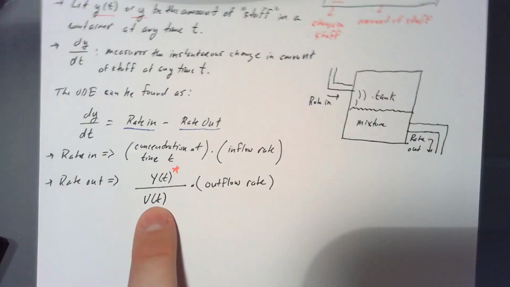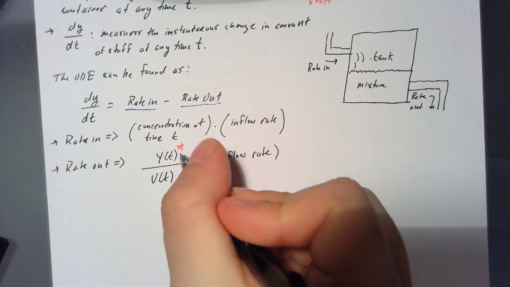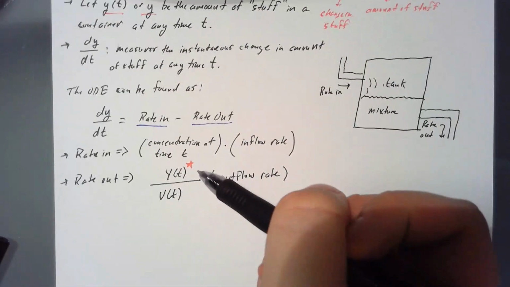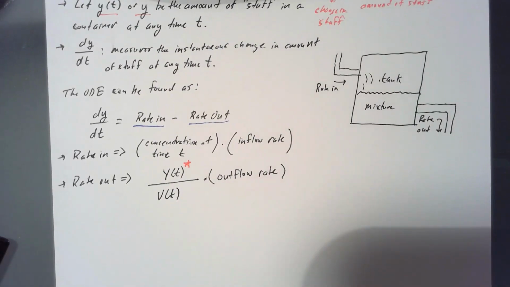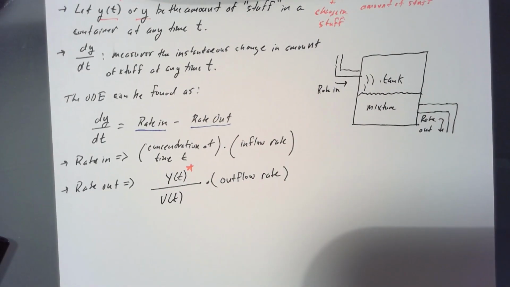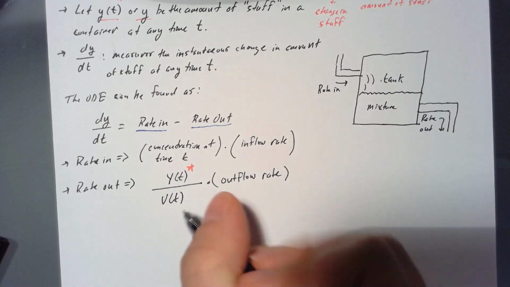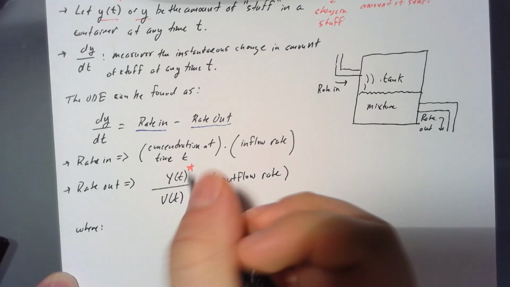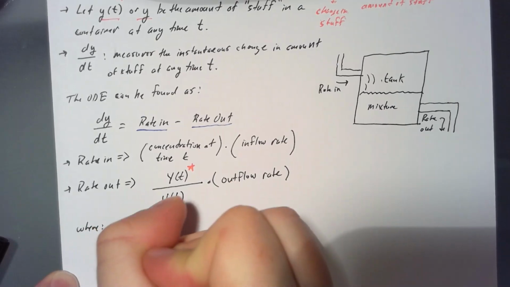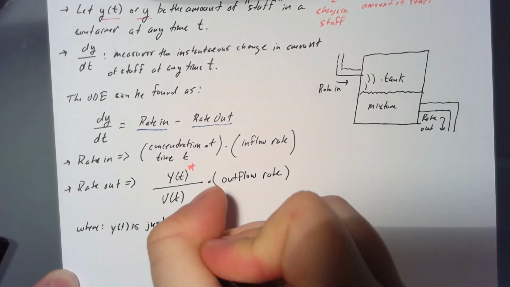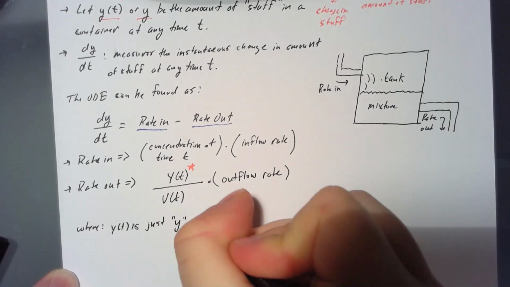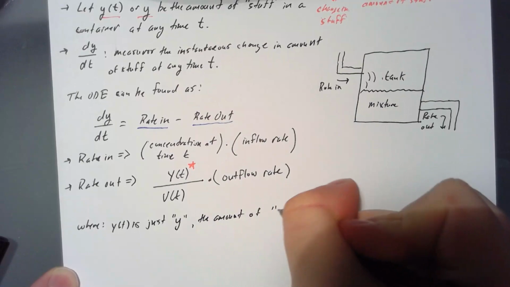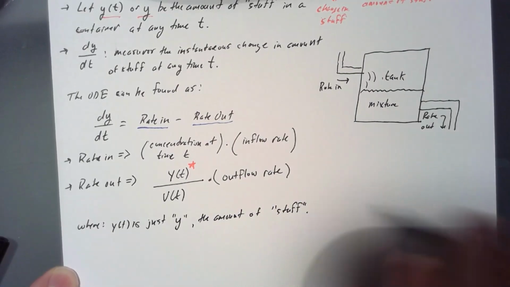So how do we figure this part out? Well, we already know what y of t is. That's given to us. That's the amount of stuff. So we're just going to let y be the amount of stuff.